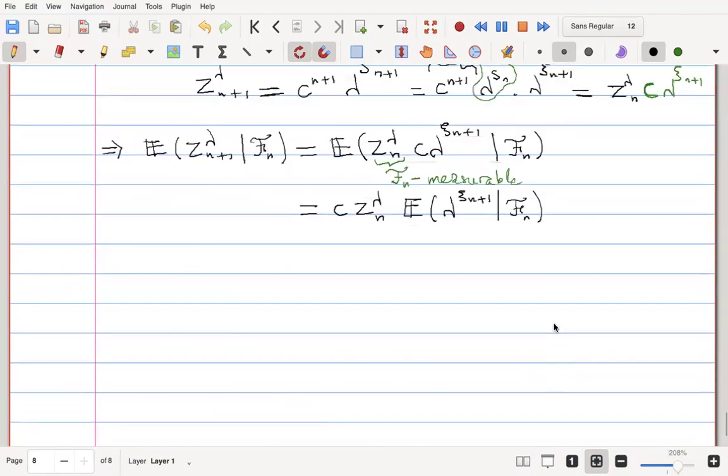We substitute that. So this is C Zn the E of lambda psi n plus 1. Right. Now we know the values taken by psi n and the properties, similar to what we wrote before.